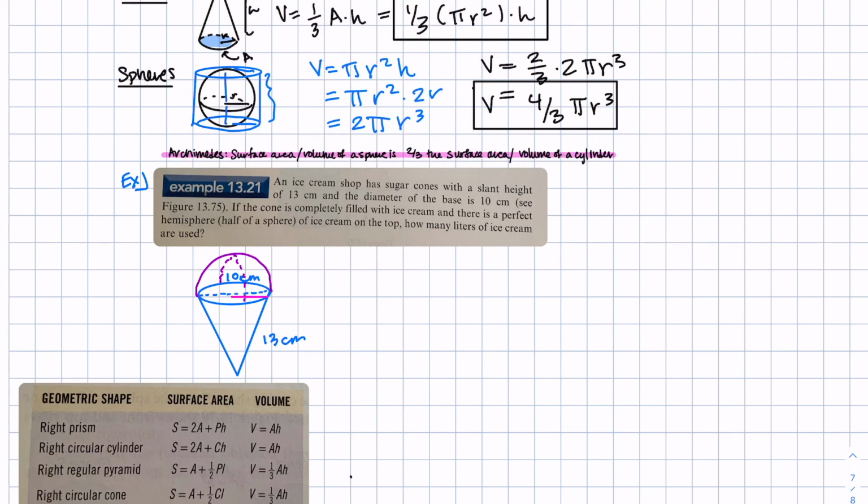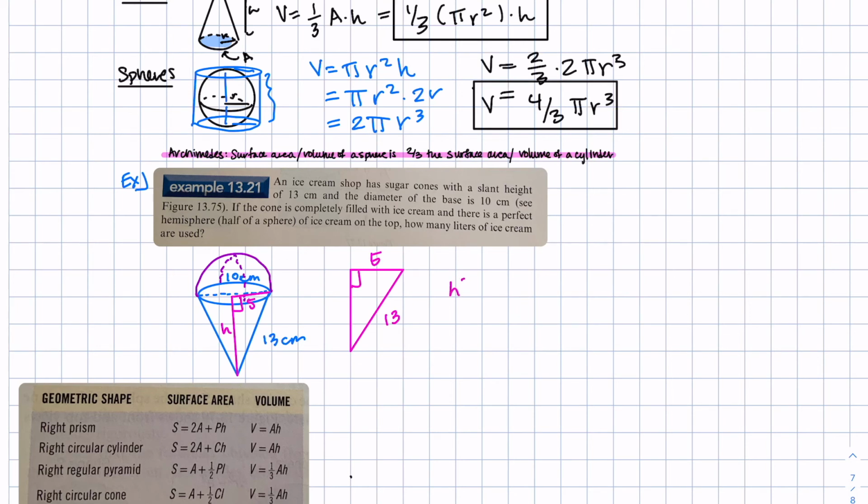So the radius we said is going to be 5. And of course, we will also want the actual height, not the slant height. So let's look at this pink triangle that this constructs here. So we have this slant height of 13, and we have this short leg of length 5.